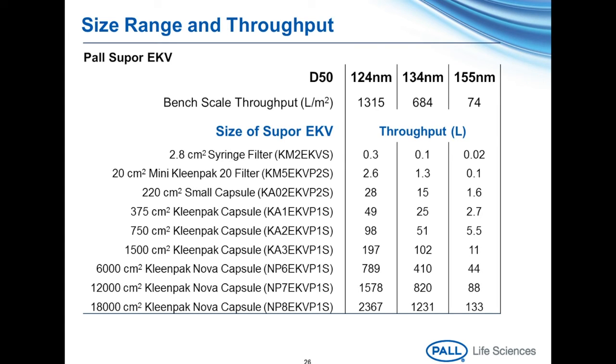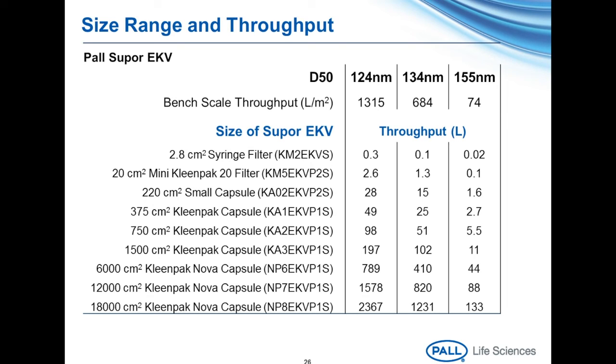As you can see, a D50 of 124 nanometers yields the highest results shown. We demonstrated through our tests that in general, a higher mean particle size beyond 124 nanometers corresponds to lower throughput through Supor EKV. We can see the stark contrast in filtration success from 124 nanometers to 155 nanometers.